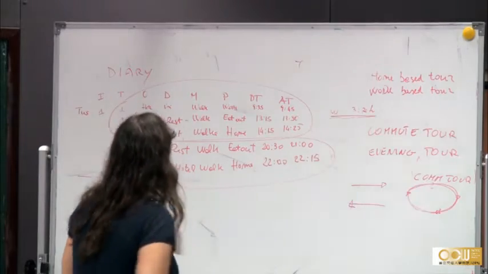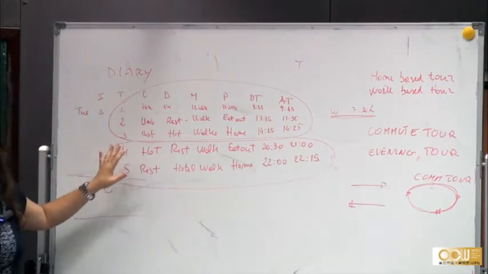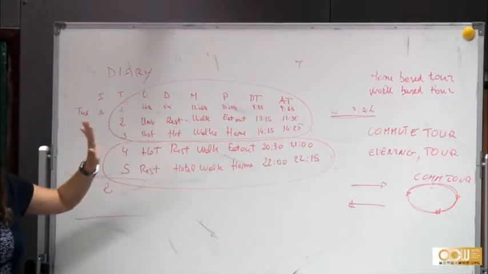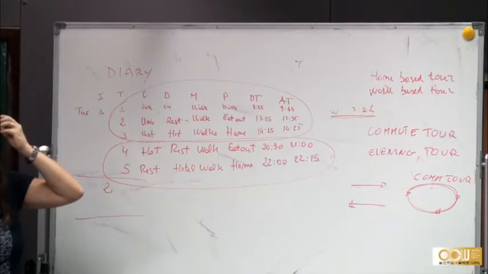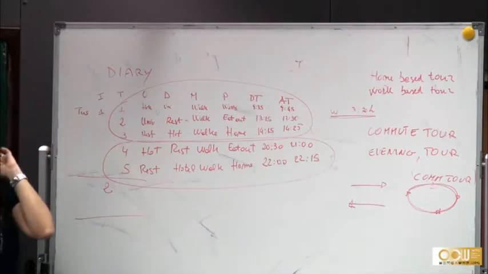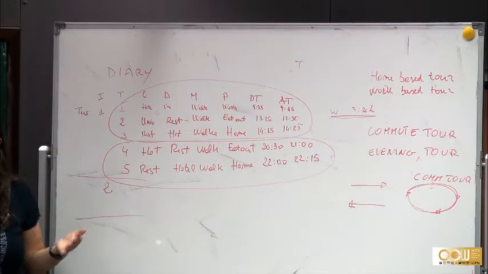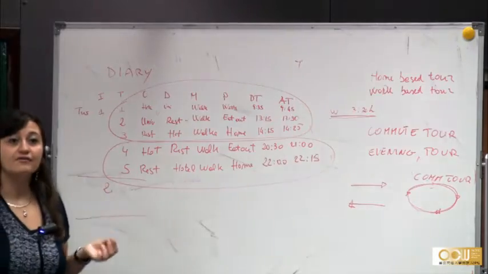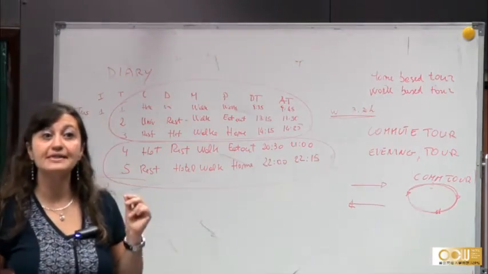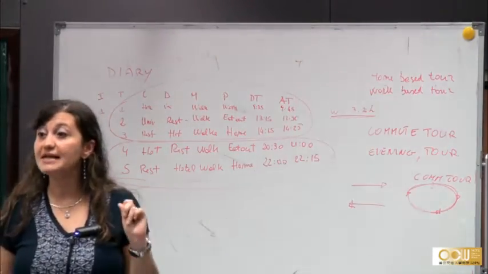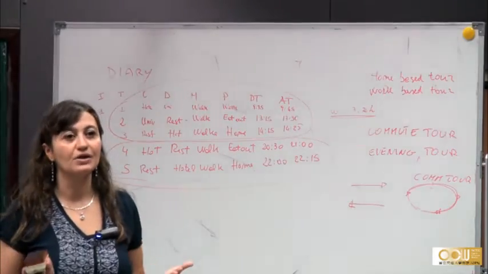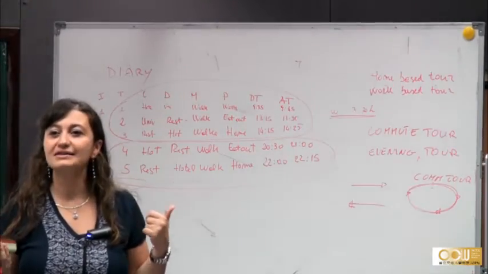By doing this, I don't neglect any of the information that I have in the travel diary. Remember that some of the four-step models are still just based on commute trips. But if you analyze data from the National Household Travel Survey, you will see that commute trips now, in Europe and the United States, are 1/3 of the trips.